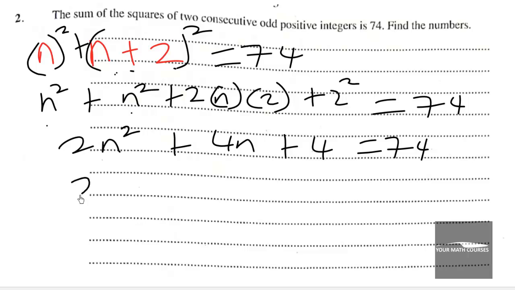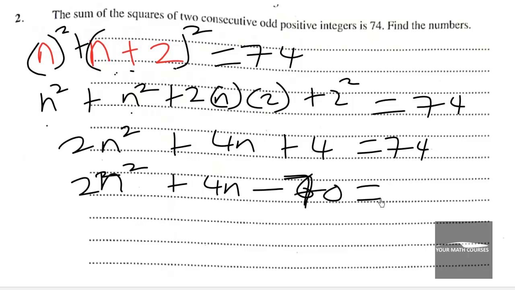So we have 2n squared plus 4n minus 70 is equal to 0. So we have n squared plus 2n minus 35 is equal to 0.